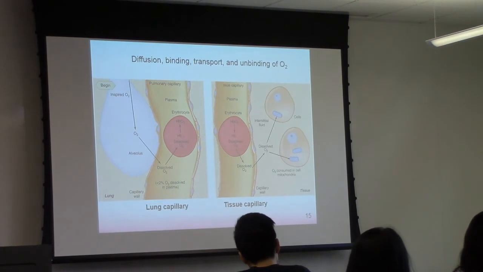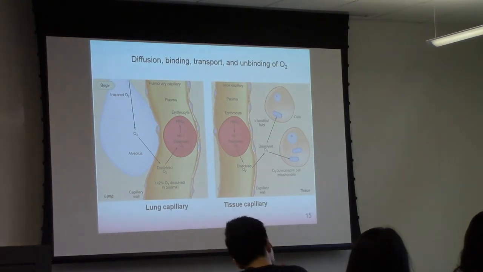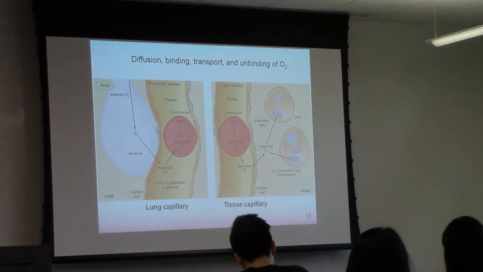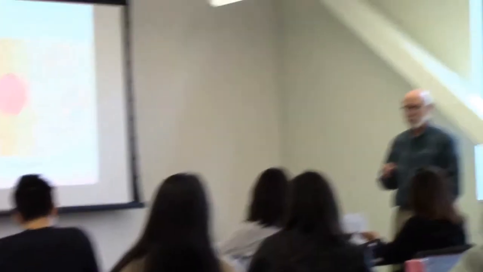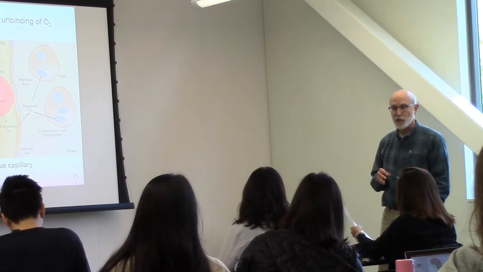I have a question about that cycle that we saw of the ventilation, the matching circulation diagram. Yeah, partial pressures of oxygen, CO2.